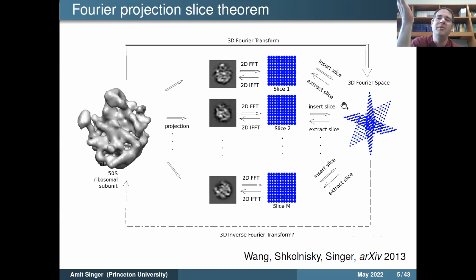These are slices that go through the origin in k-space, or the reciprocal space, and whose orientation is just determined by the orientation of the molecule.